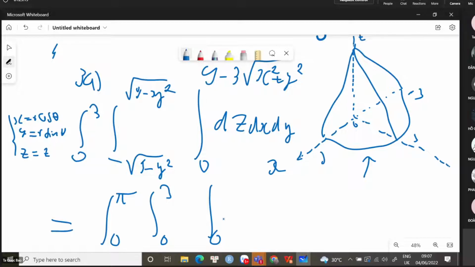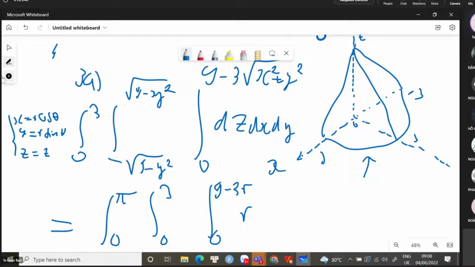Therefore, z from 0 to 9 minus 3r. R Jacobian now is r.